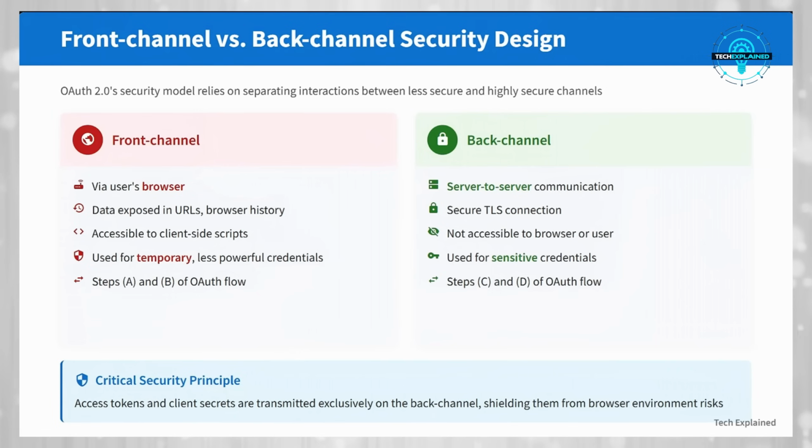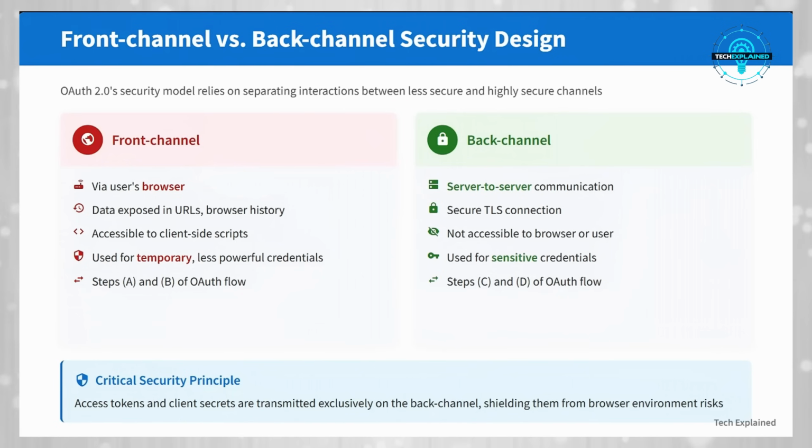It's like having a private, encrypted conversation in a soundproof room. This is where sensitive information is transmitted. In OAuth 2.0, the back channel is used for exchanging the authorization code for the powerful access token. This ensures that the access token is never exposed in the browser environment, significantly reducing the risk of token theft.